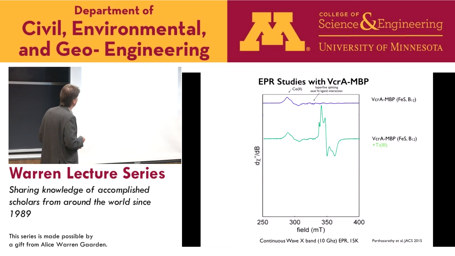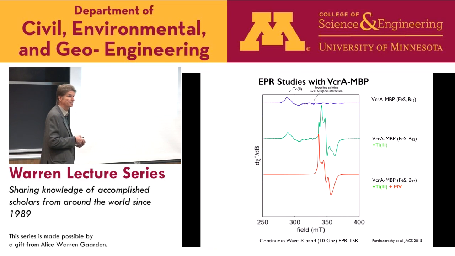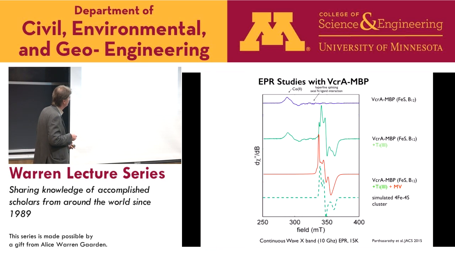And then if we add methyl viologen, which is a single electron shuttle, we can eliminate this cobalt-2, which is then reduced to cobalt-1, because we expect that cobalt-1 is actually what is catalytically active. And you need methyl viologen for activity. If you simulate an iron-sulfur cluster spectrum, you basically get that.